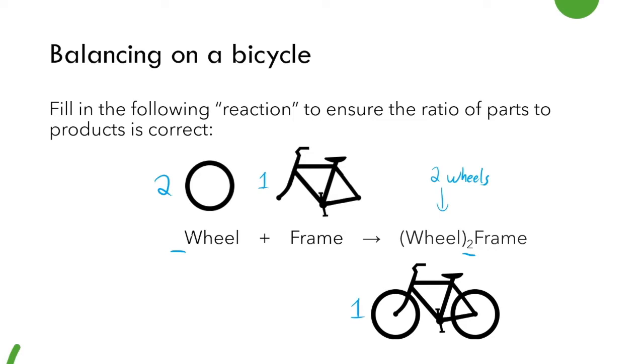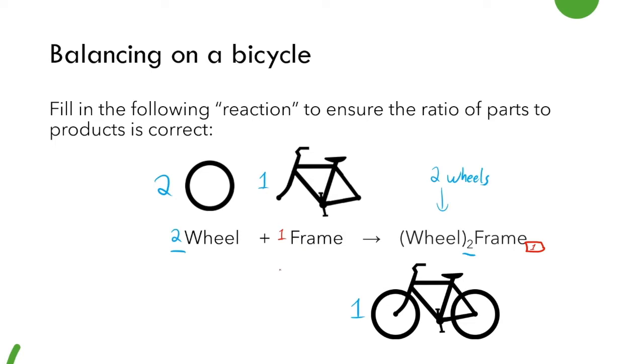Now, since we have 2 wheels on the right, we're going to need 2 wheels on the left. We can check this with our frame as well. There is nothing written as a subscript on the frame on the product side, which means it's just a 1. And similarly, that means there's going to be a 1 on the reactant side.